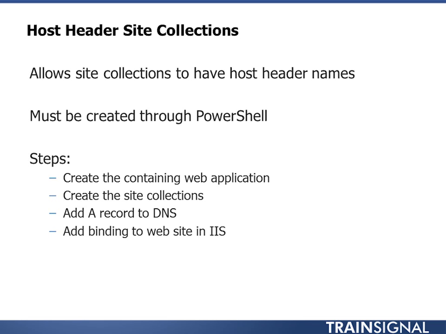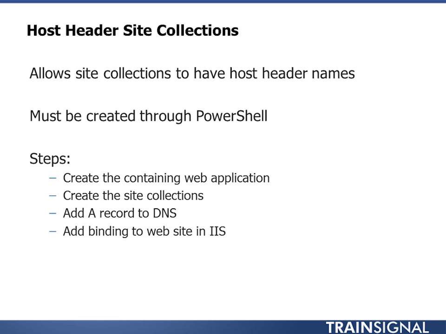Now, in order for me to create a host header site collection, there are effectively going to be 4 steps. I need to create the containing web application that's going to host all those site collections. I need to set up the site collection itself, and I'm going to have to do that through PowerShell.